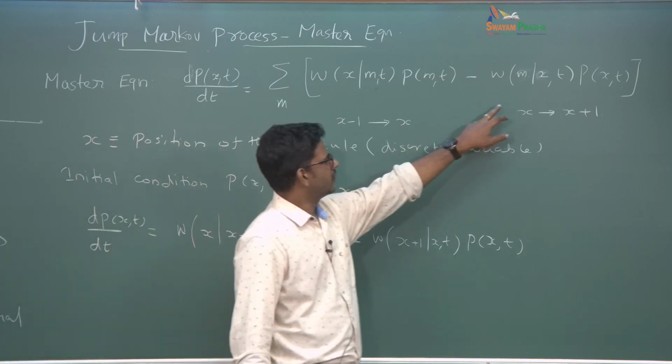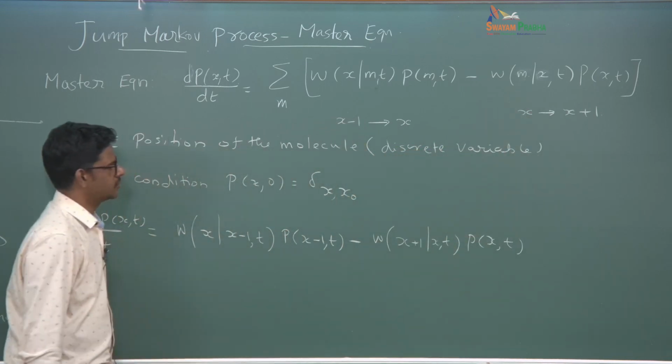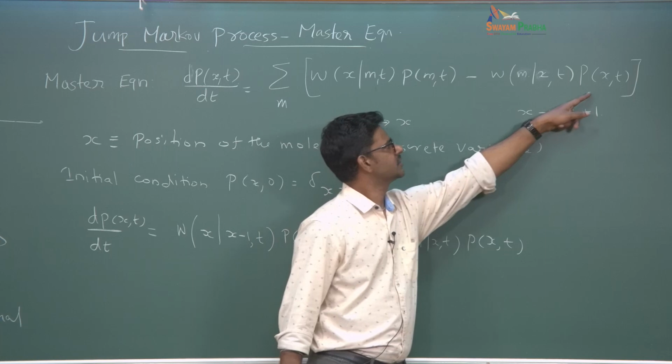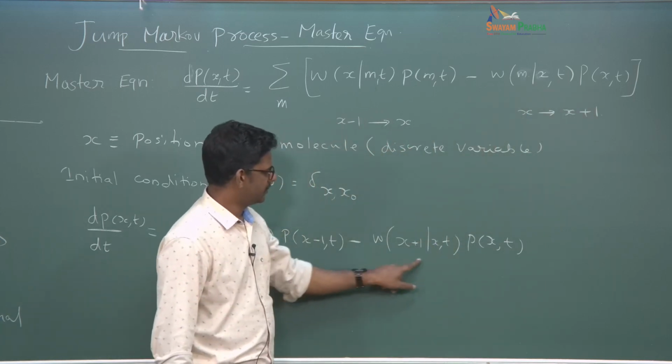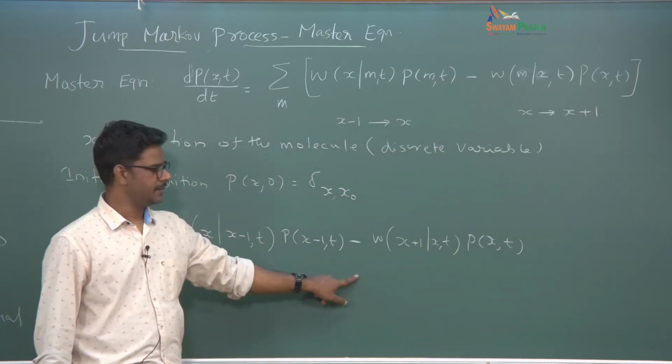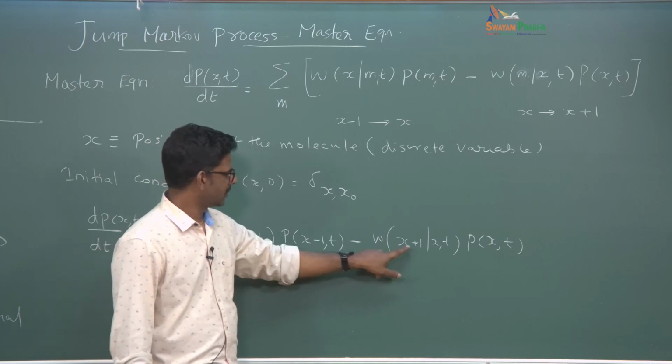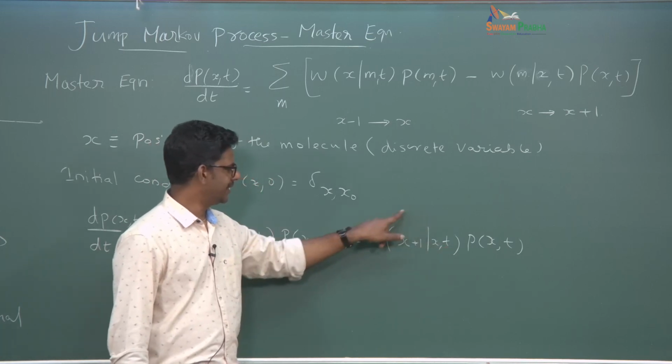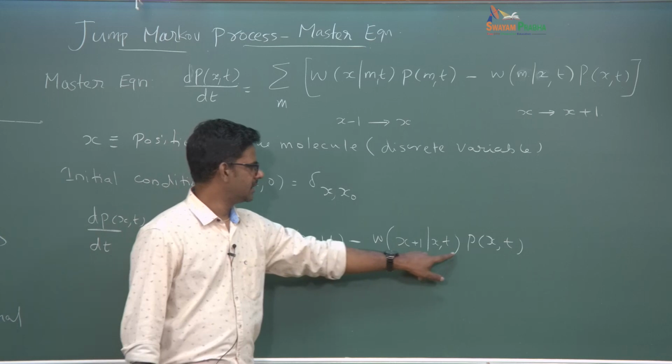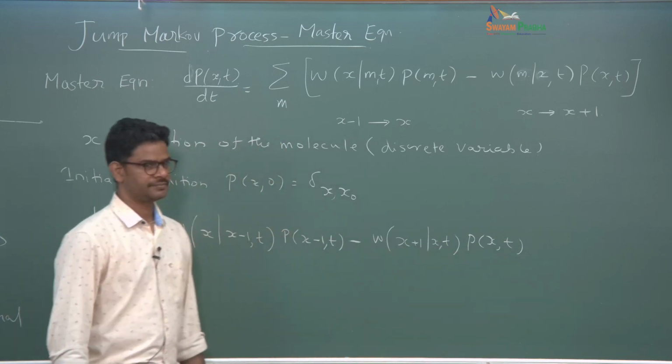This term survives only for m is equal to x plus 1 because it can jump from x to x plus 1. So we have the transition probability w at x comma t, what is the likelihood it would actually go to x plus 1, times the probability of finding x comma t.